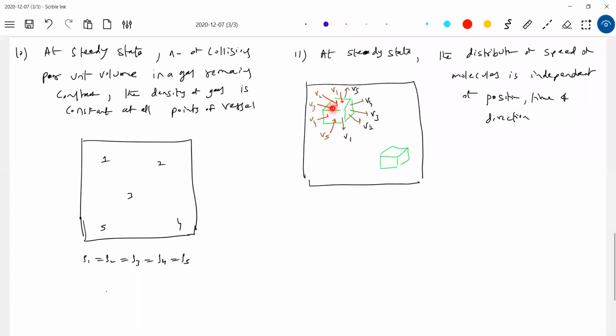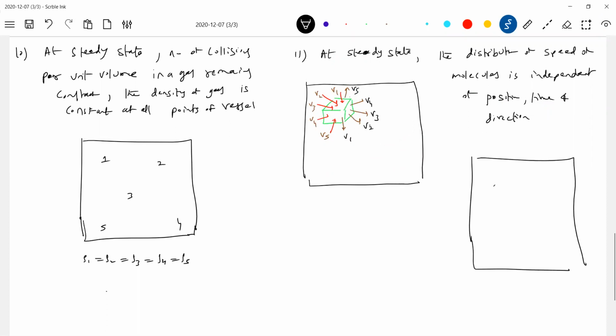If one molecule is entering with V3, it should leave with V3. So at any instant of time, the molecules that are entering must have this particular velocity, and those leaving must have this velocity. So therefore, there is a meaning of steady state here. Okay, this is about the time. What about position? Suppose there are, okay, one more box I will take.